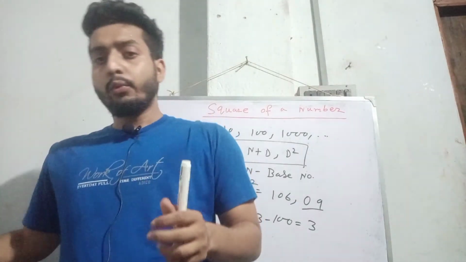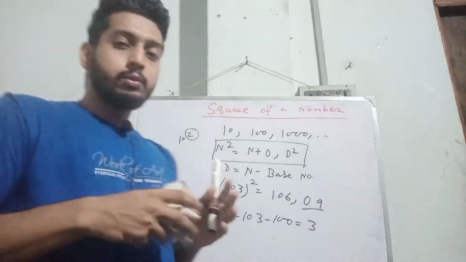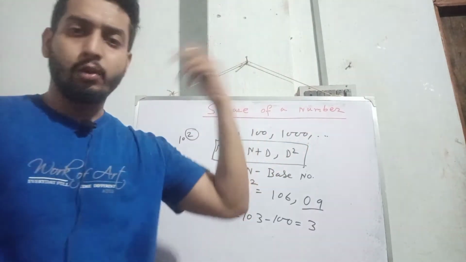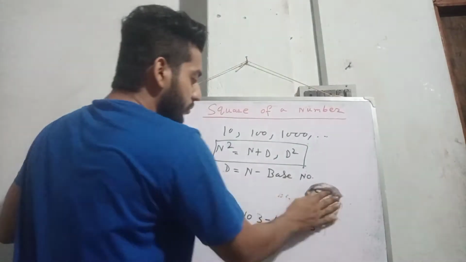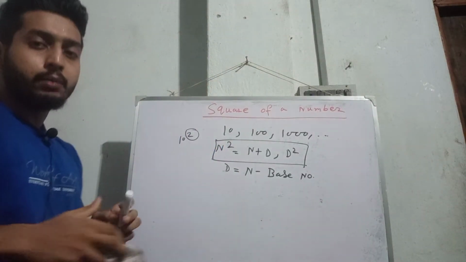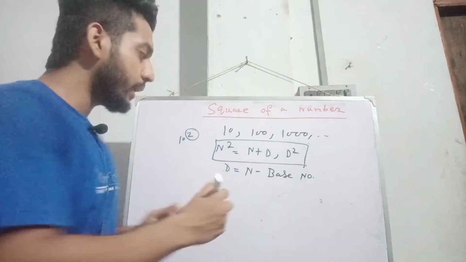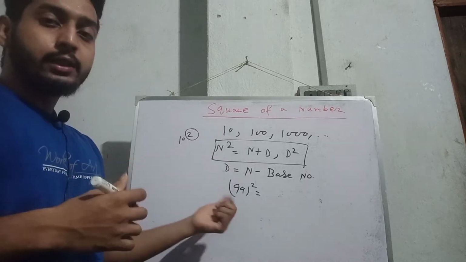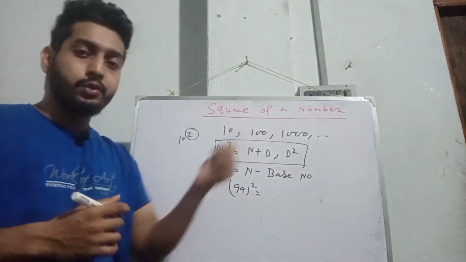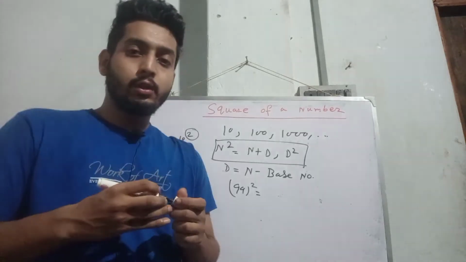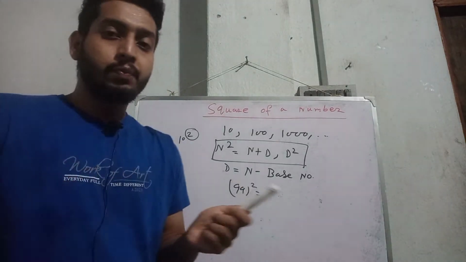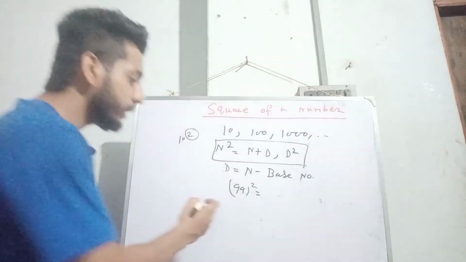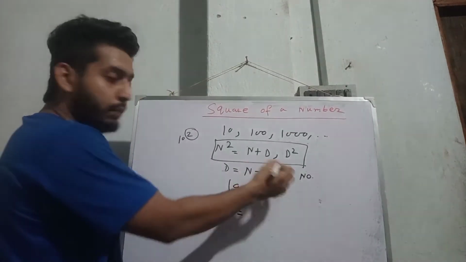So this is the way to find the square of this type of number, which is nearest to the base 10, 100, 1000 and so on. Again, now we'll find the square of the number 99. So 99 square, how to find it? Again, this number is also nearest to base 100, so we can apply this process to find the square of 99 also. So we need to find D here. D equals n minus base number.